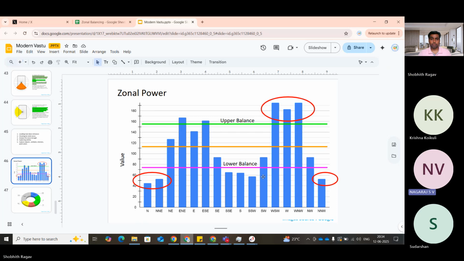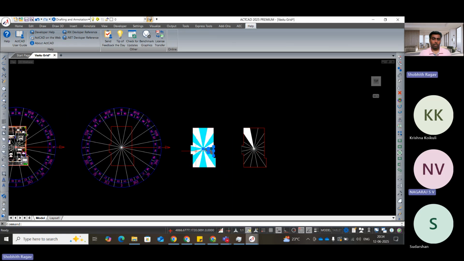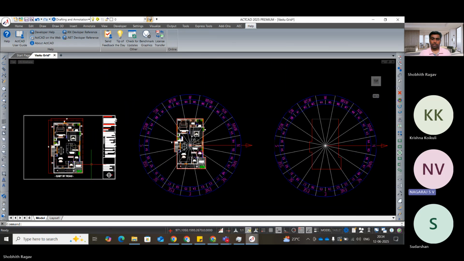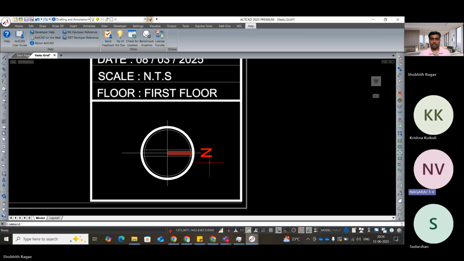Sir, I have seen one plan, wherein in the compass you have just shown that Vastu grid. Sir, just open the plan with the grid. Yeah, here. So this is a plan. This is a second Vastu one, compass. Sir, just minimize.